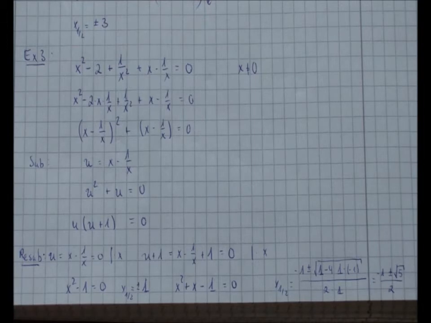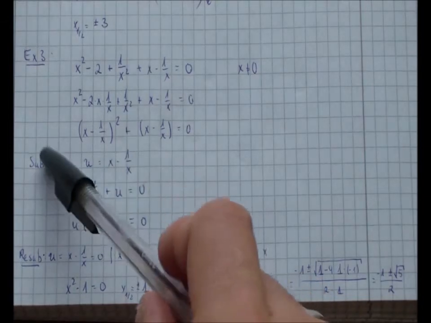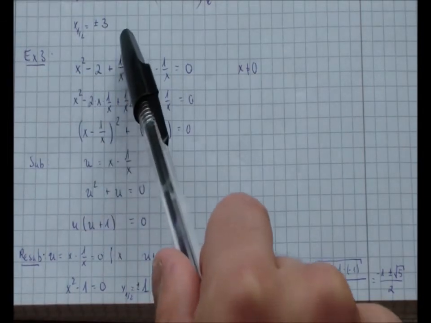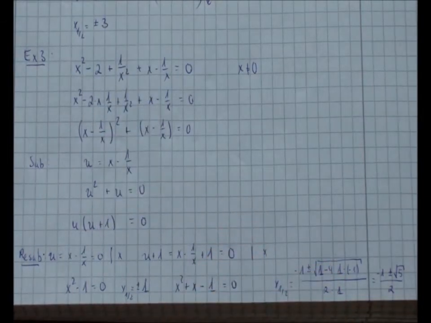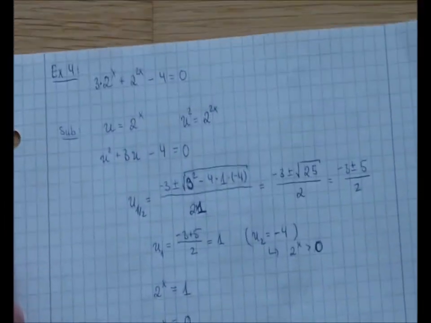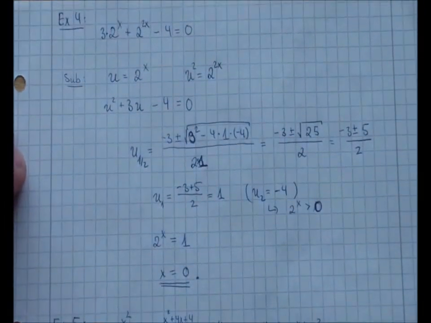Okay, this would be another example. Or here down below, if you have expressions like x and 1 over x, sometimes the substitution to a square and so forth will give you much more advantage. Okay, now I will switch papers and go to the other examples.